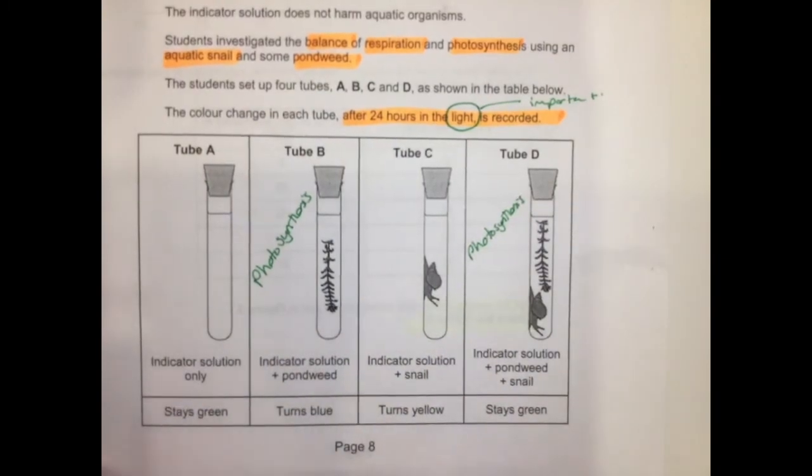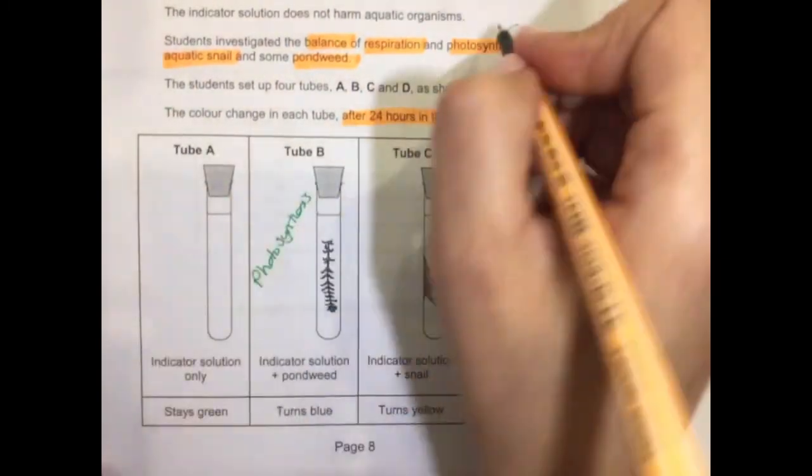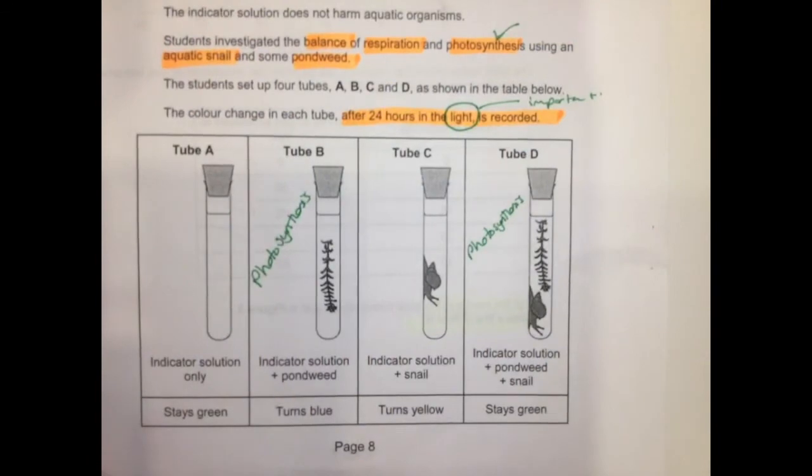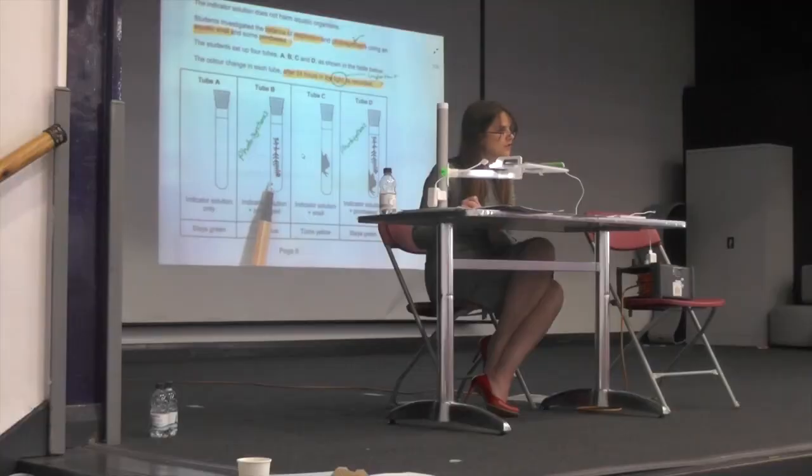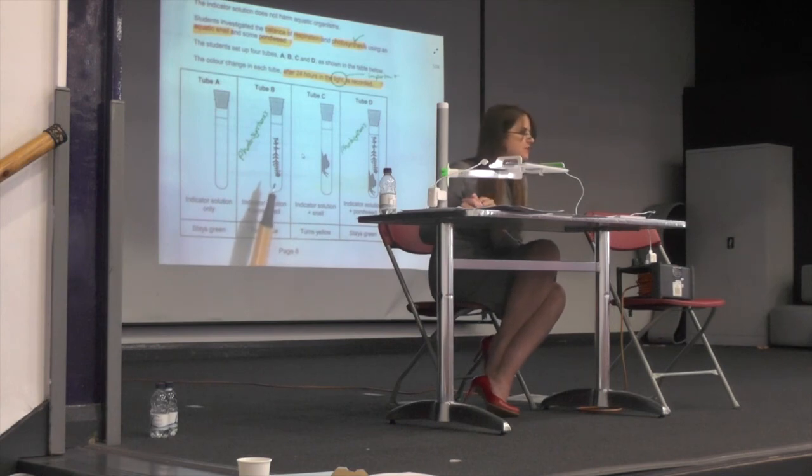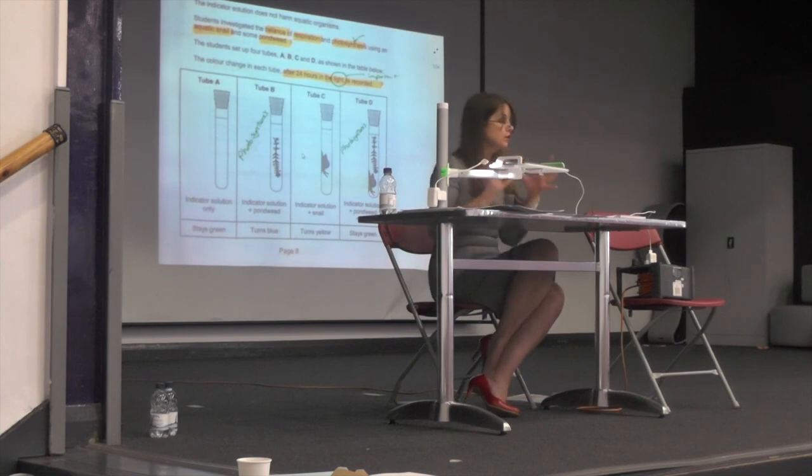Happy with that? So I've done photosynthesis. I've said where that happens. Now, it says respiration. Where's respiration? It's in daylight. So do plants respire during daylight? Every living thing has to respire. We know that we respire all the time. Animals respire all the time.